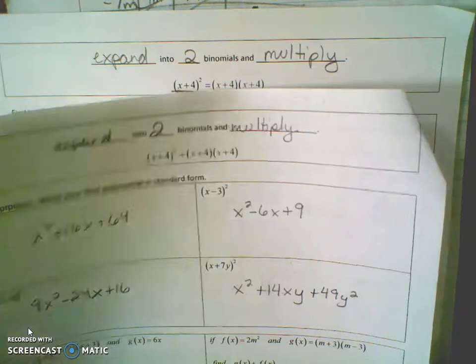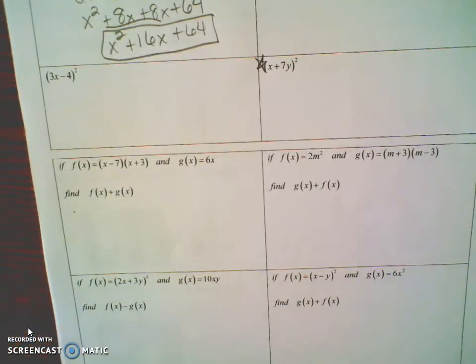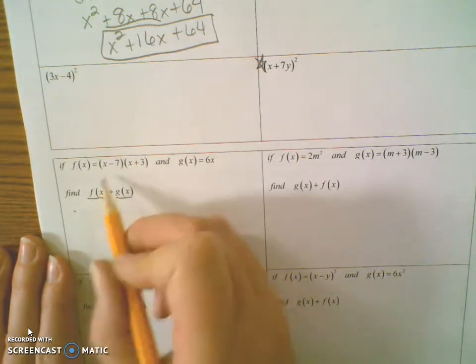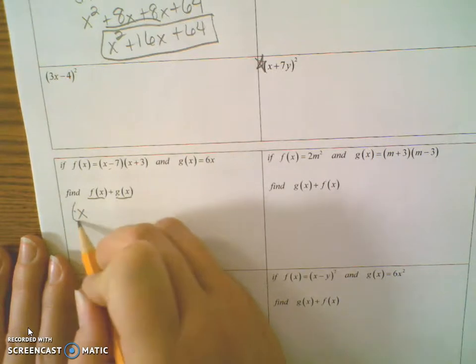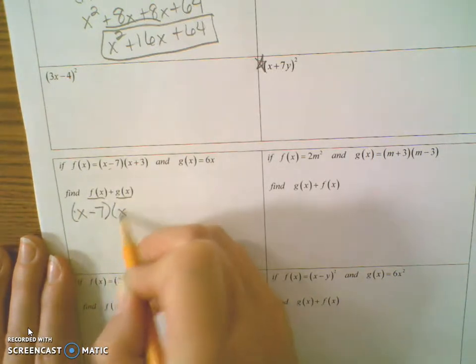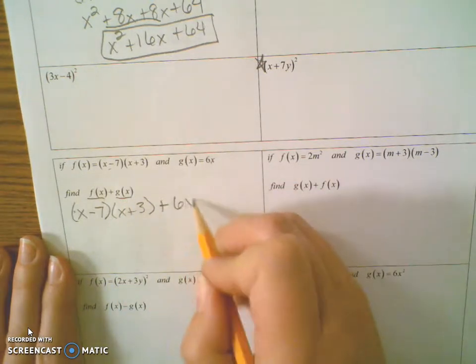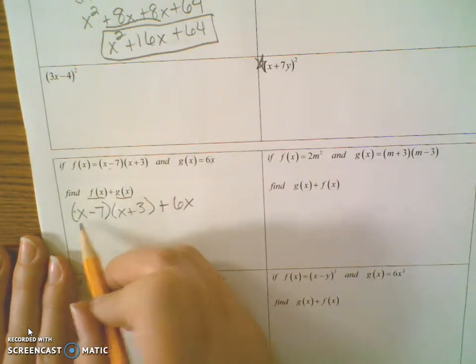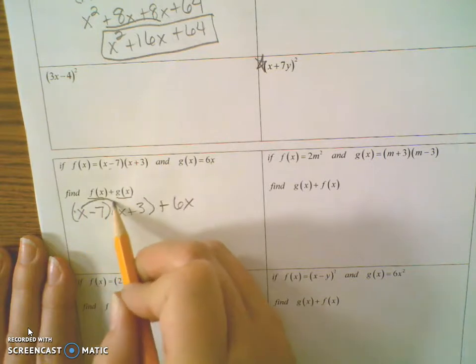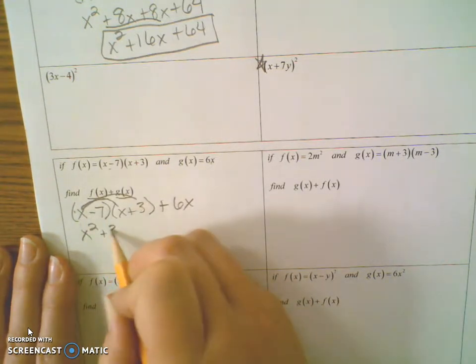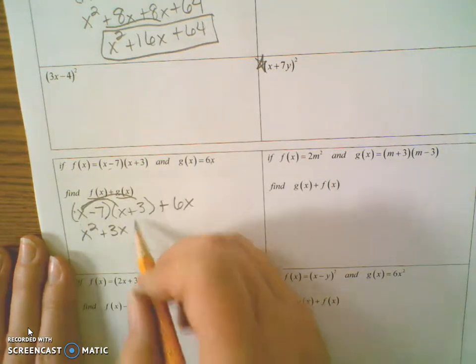Okay, down here, I'm going to do one, and then you're going to do one. So if we have the f of x and the g of x, our f of x is x minus 7 times x plus 3, plus our g of x is 6x. So I'm going to distribute this, so x times x is x squared. X times 3 is 3x.